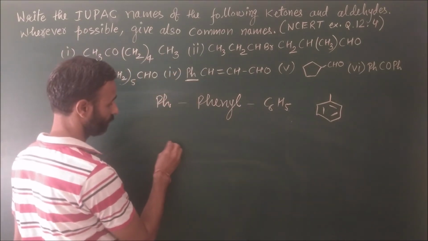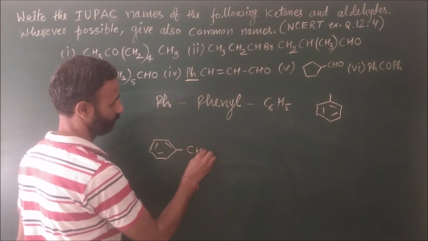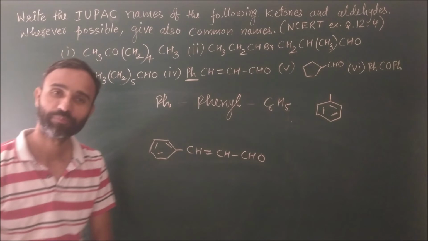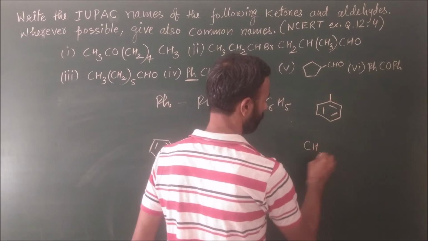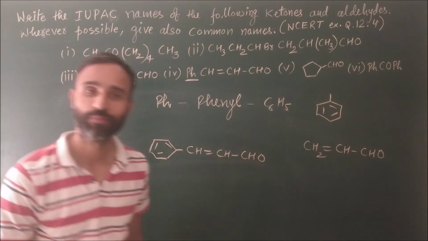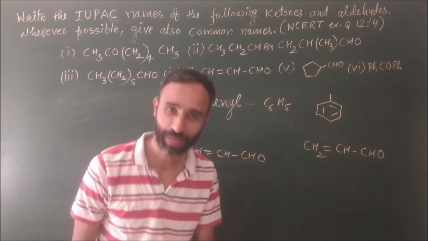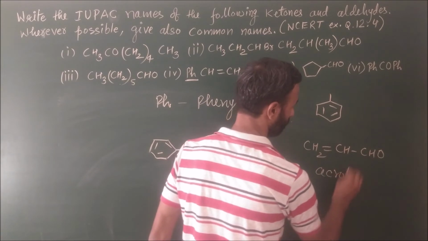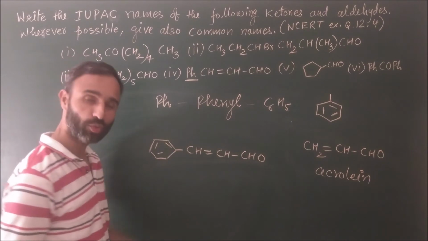So just write it like this. Now see, if we have CH2 double bond CH, CHO, what is its common name? Keep in mind its common name is acrolein. Now write its IUPAC name first.